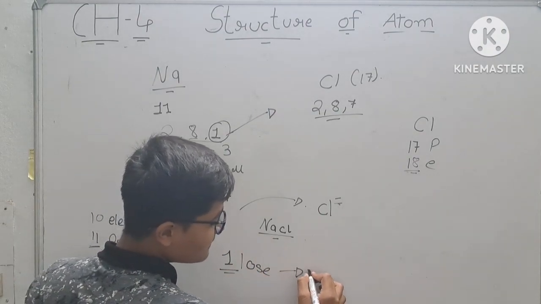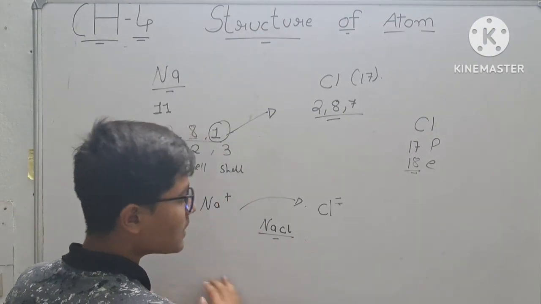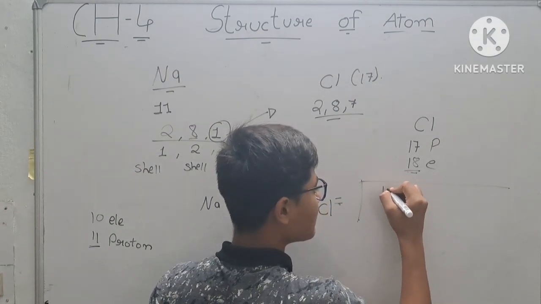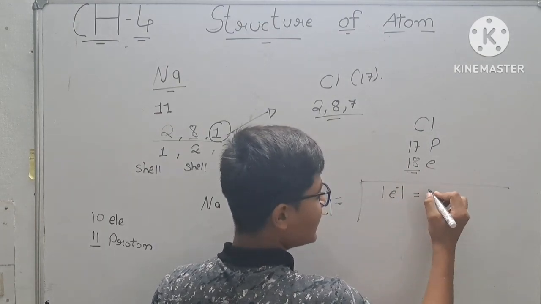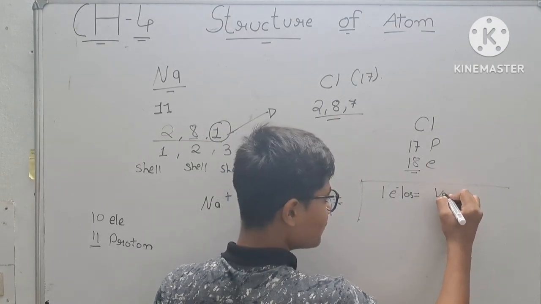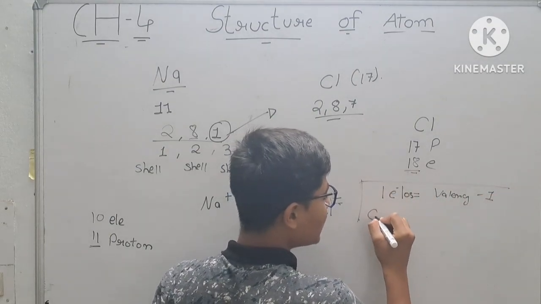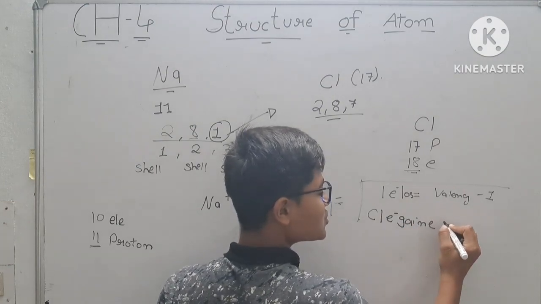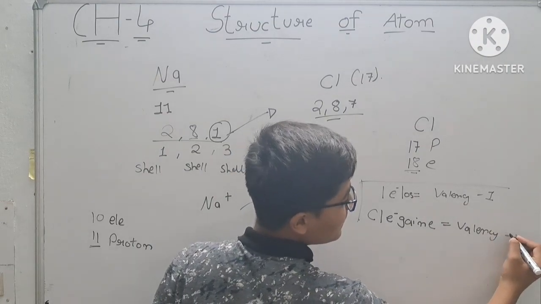He loses 1 electron, so its valency will be 1, and chlorine gains 1 electron, so its valency will also be, yes students, 1.